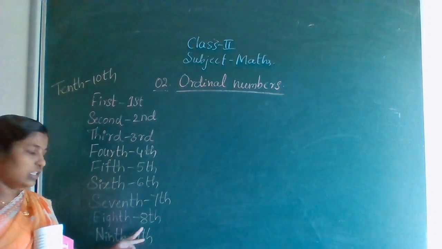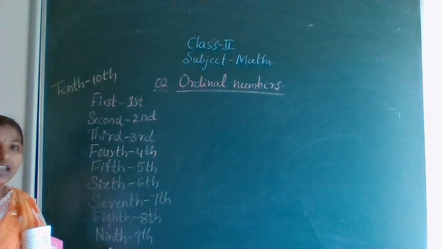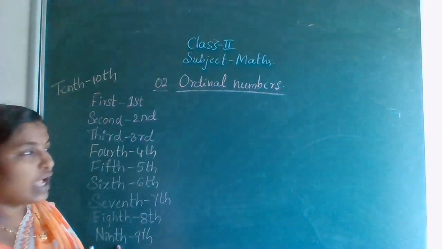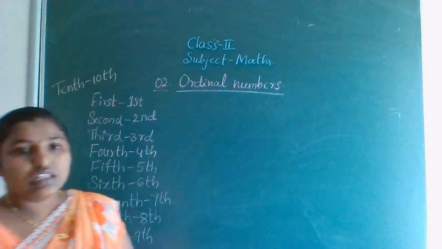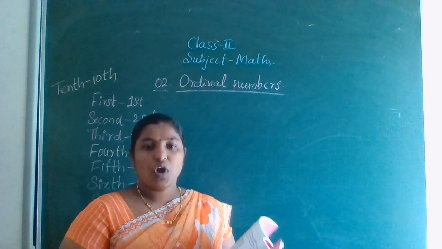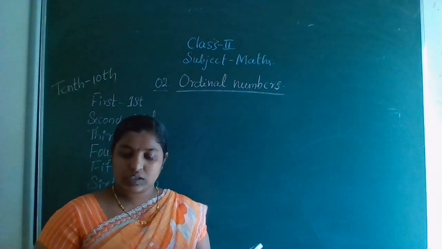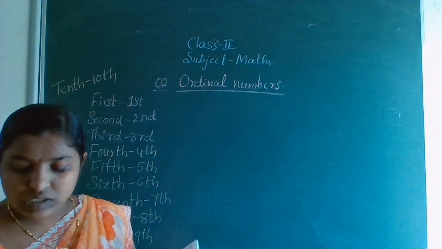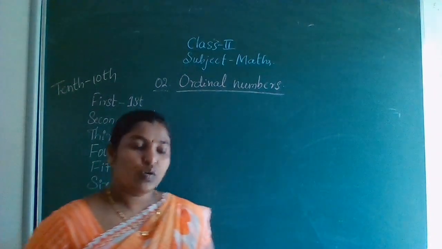E-I-G-H-T-H, eighth. N-I-N-T-H, ninth. T-E-N-T-H, 10th. These are all the ordinal numbers from 1st to 10th. Today we will see the ordinal numbers from 11th to 20th.